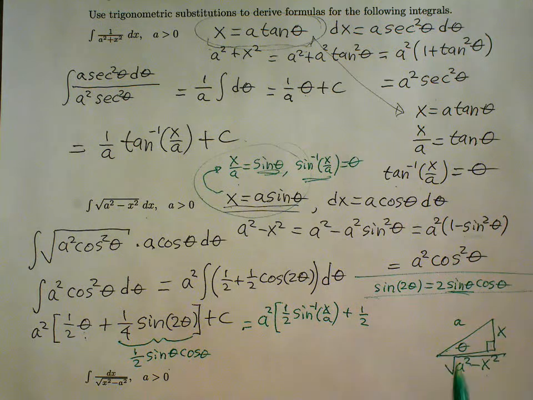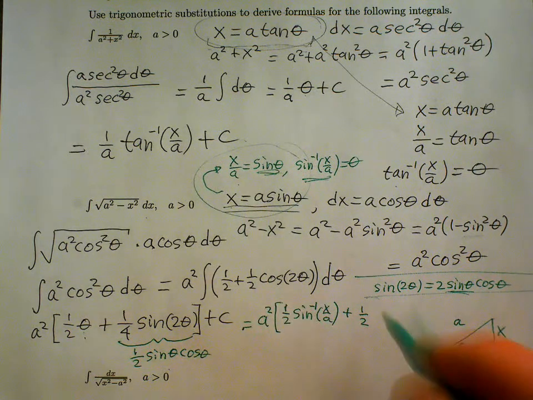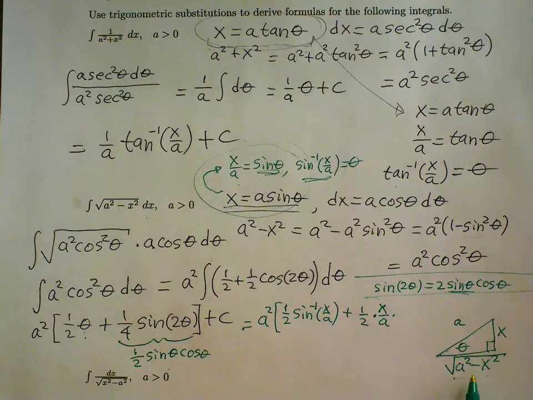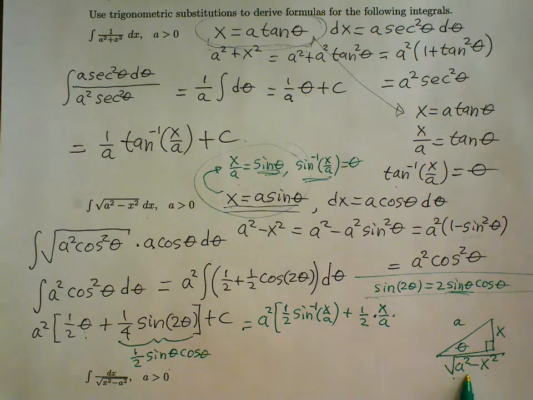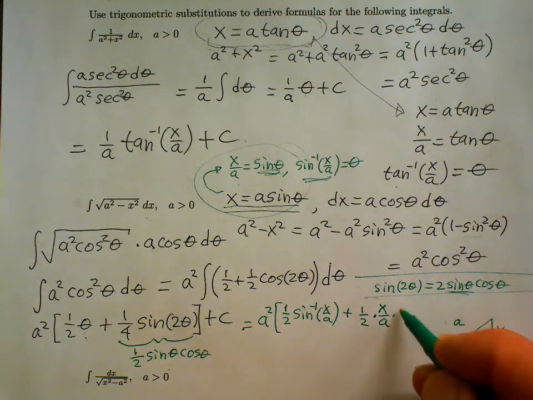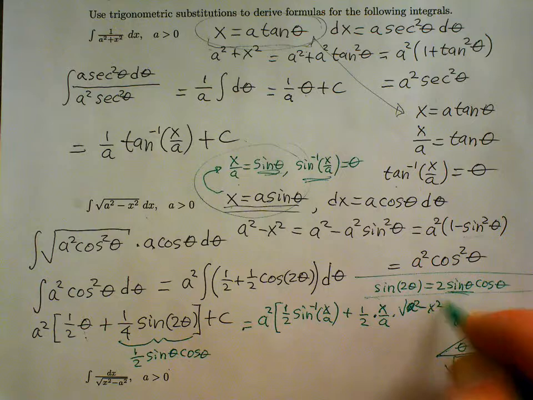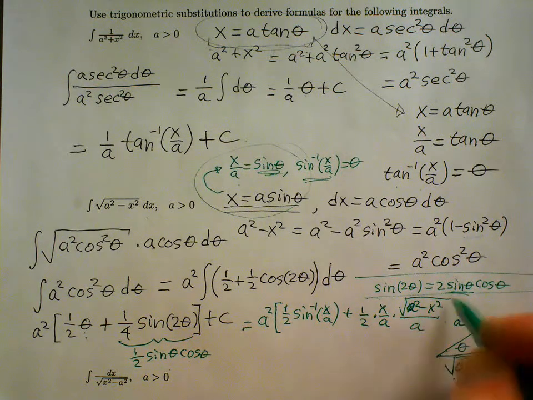And then sine of theta is just x over a. And cosine of theta is the square root of a squared minus x squared over a.